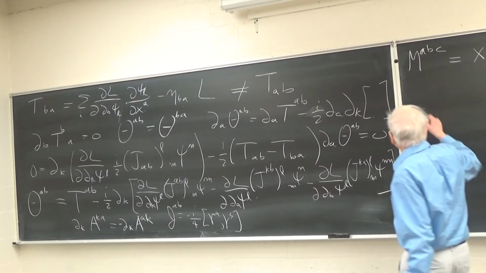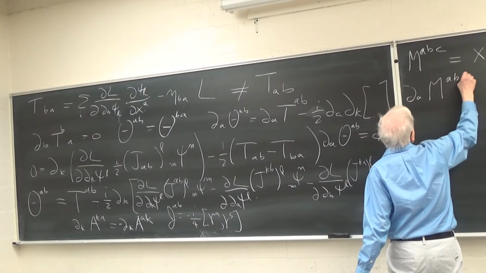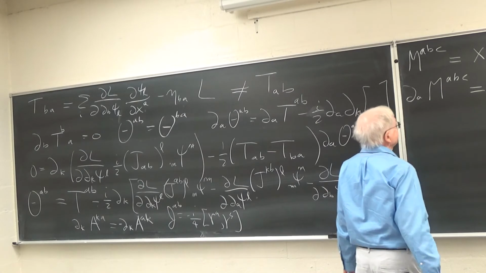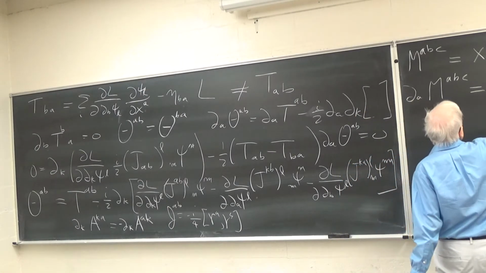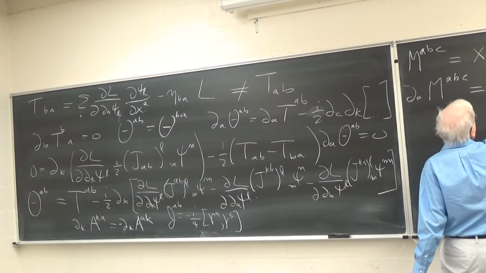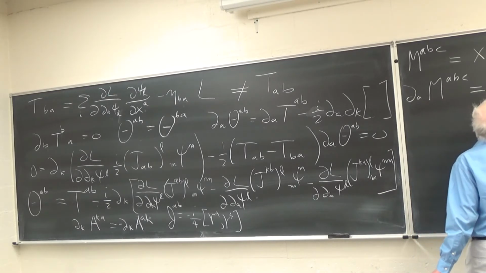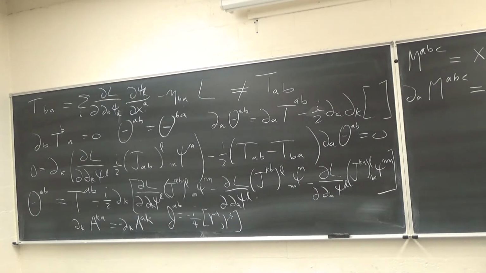And now what we see is that the derivative of M_ABC, well, this is partial x_B, partial x_A, theta, I'm going to write this as capital Theta, plus partial x_C, partial x_A, theta_AB.